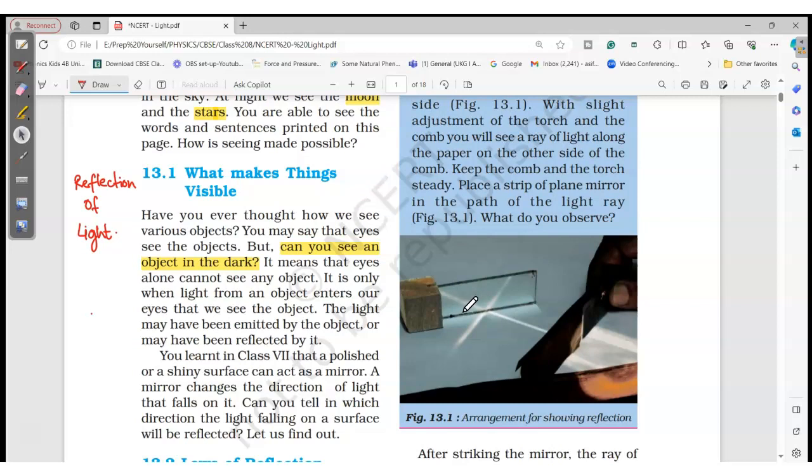Then we have taken a paper which has a very narrow thin slit, and over here there is a torch. We allow the torch light to pass through this thin slit, and it is supposed that a single light ray is passing over here. Can you see this light ray going over here? Now when it falls on this plain smooth surface, which is a mirror, you see it reflects back into the same medium. So this is called reflection of light.